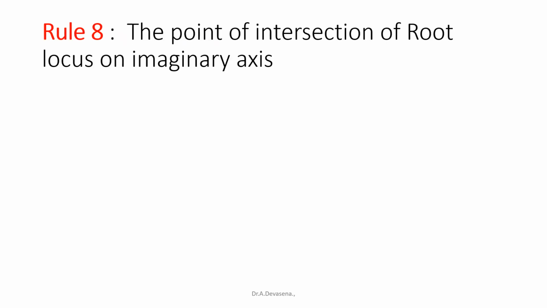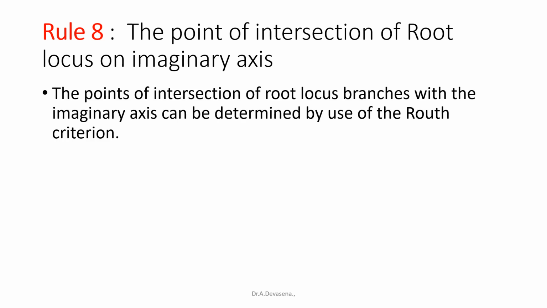Let us discuss the point of intersection of the root locus on the imaginary axis. The points of intersection of root locus branches with the imaginary axis can be determined by use of the Routh criterion.